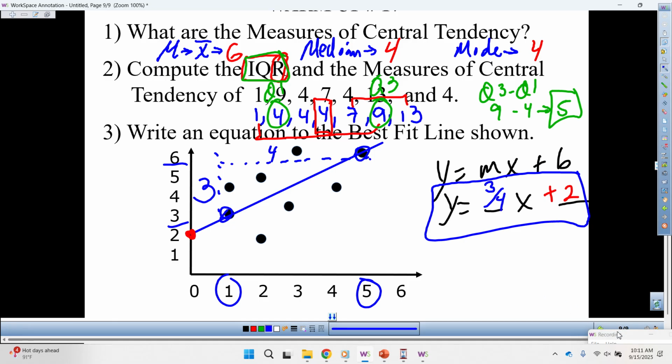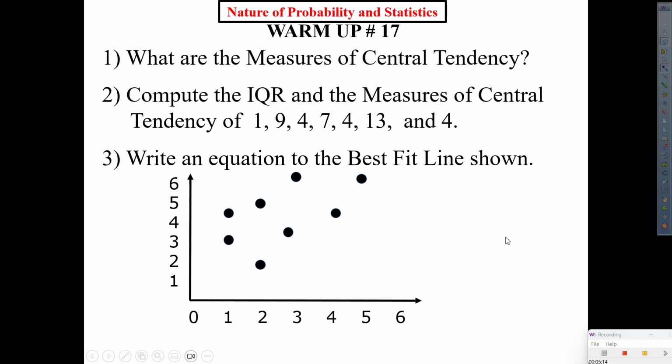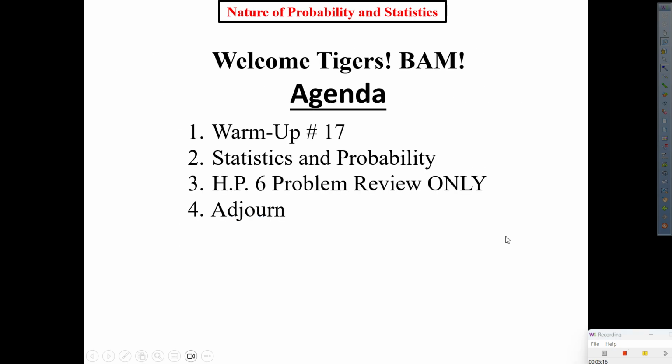All right, let me send you a code so you can send me your warm-up. All right, copy the agenda. Warm-up number 17, done. Statistics and probability. Tonight's home play is 6 problems only, and you will be able to finish those here in class.